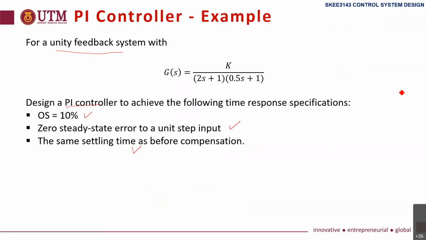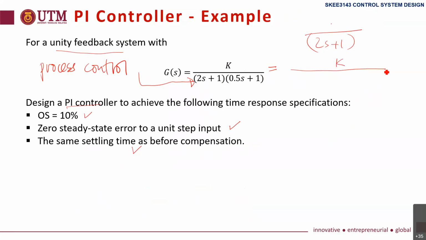Another difference about this question, you can see that it is written in this form, 2s plus 1, which is not familiar to us. Okay, this is normally used in process control. People in process control, they normally describe transfer function in this term, with plus 1: 2s plus 1, 3s plus 1. Okay, so we need to convert into the form that we are familiar with.